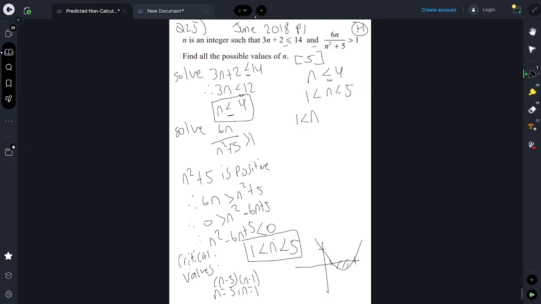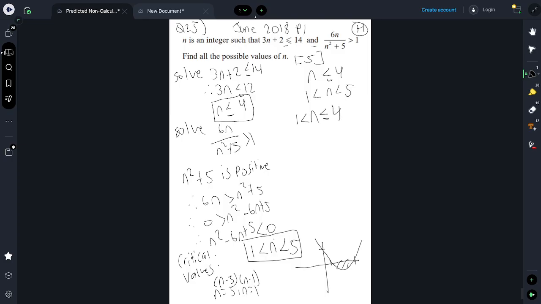Cool. But it's saying here n has to be at most 4 and n has to be below 5. Well, if n is at most 4, by default n has to be less than 5. So this is the stricter inequality we have to take for the upper bound. Yeah, so this is true.